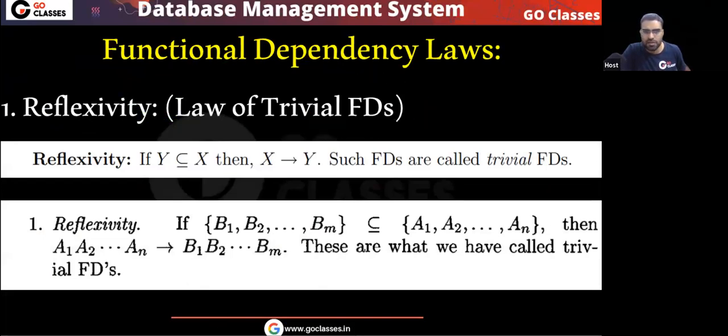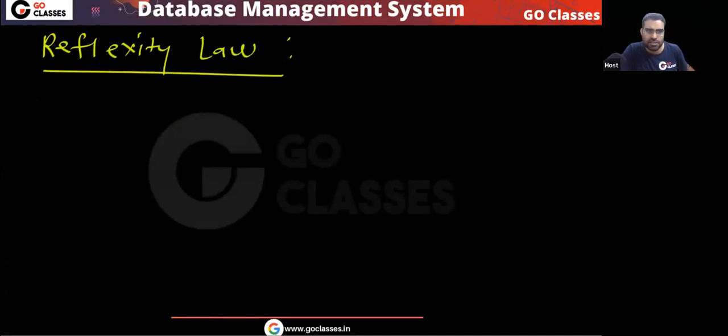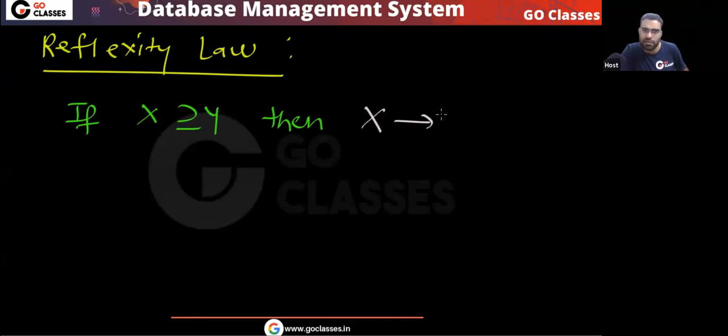What this reflexivity law says is that if X is a superset of Y, then can I say that X will determine Y? Yes. This is your definition of trivial functional dependency. Yes or no?